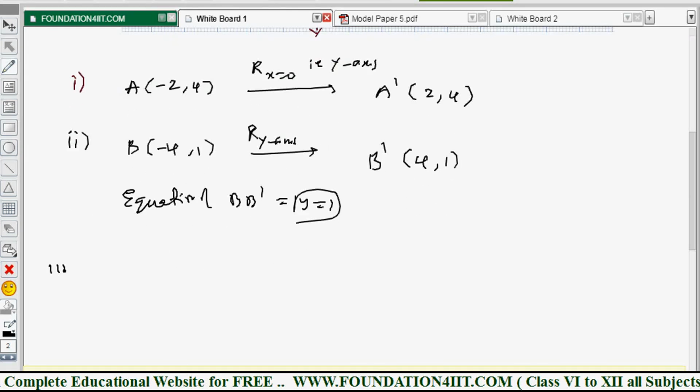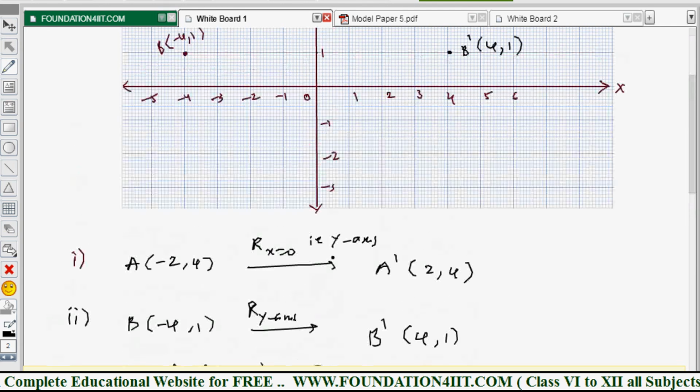Now according to the third question, A is minus 2, 4, and we need its reflection in y equals 1, that is A double dash. Minus 2, 4 becomes A double dash, which is minus 2, minus 2. So A double dash is minus 2, minus 2.